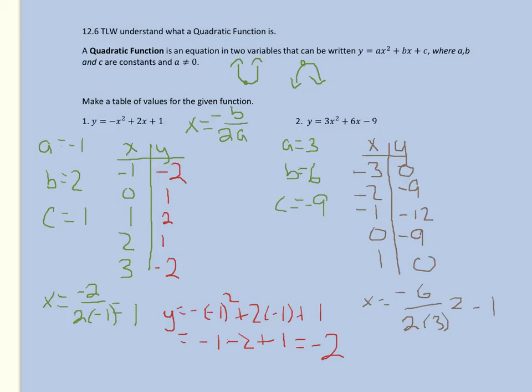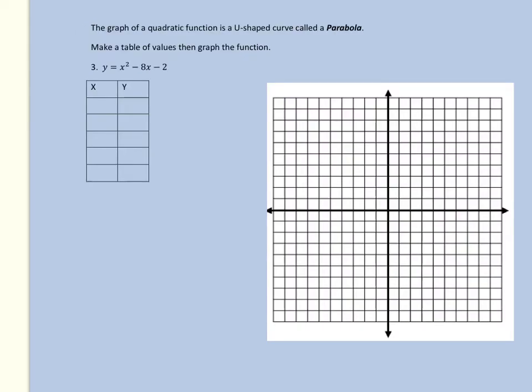Alright, so now we're going to have to make the table and graph it. So, again, start by finding -b over 2 times a.